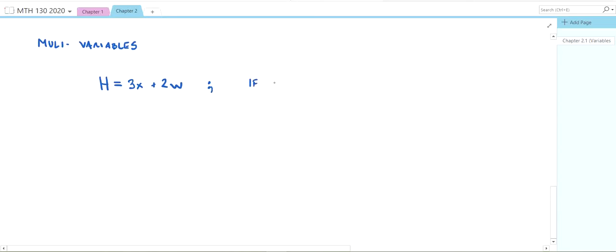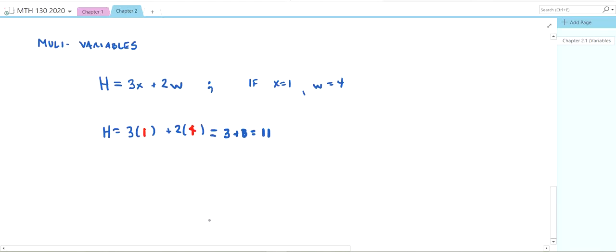Let's say x equals 1, w equals 4, what does h equal? Well, h equals 3 times x plus 2 times w. x is 1, w is 4. This then equals 3 plus 8, which is 11.